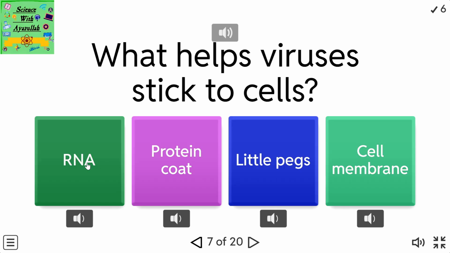What helps viruses stick to cells? RNA. Protein coat. Little pegs.